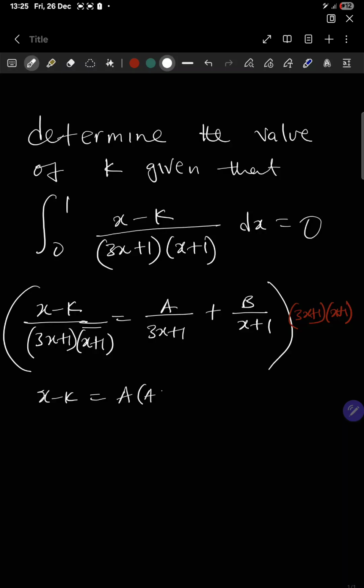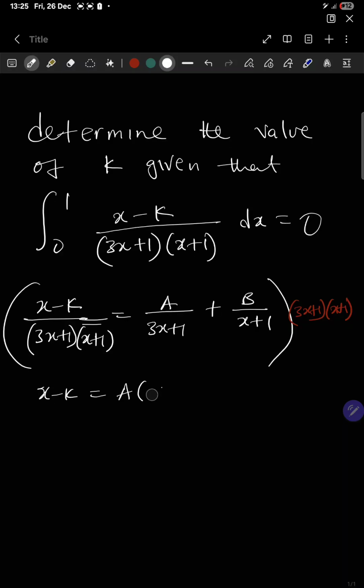Then plus, if you multiply also this and this, the x plus 1 will go. You remain with b times 3x plus 1.